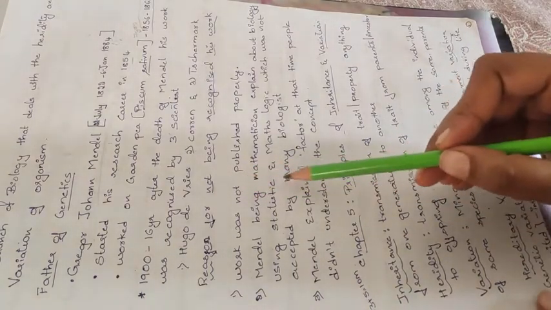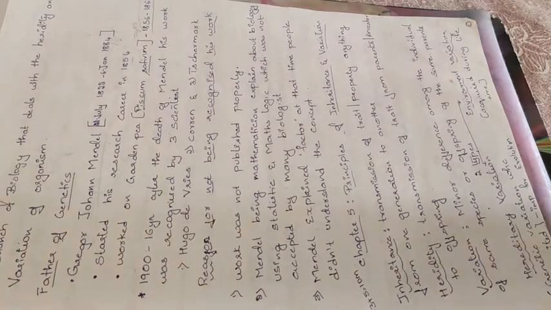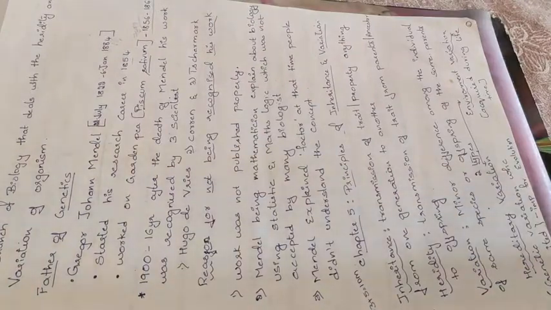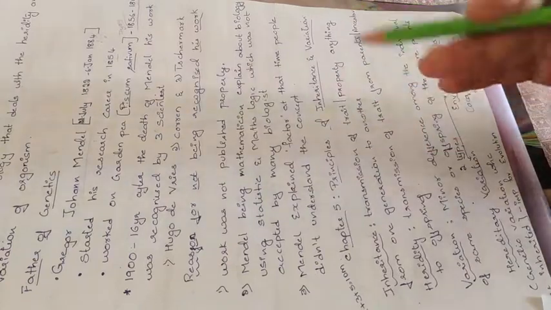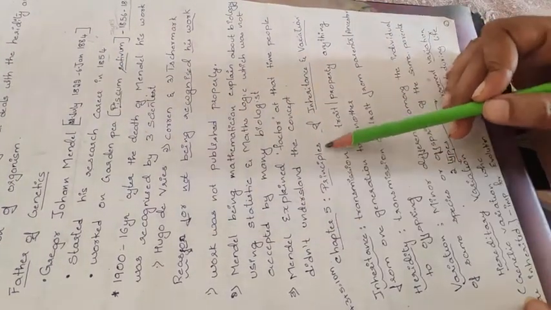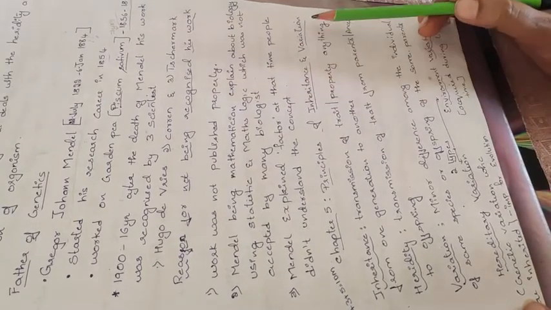So these were all some of the reason why the Mendelian work was not being recognized. Only after death, when these three scientists explained the concept properly, they got to know what Mendel has done, and now we call these factors as gene. We'll see that later. So now let's begin with the chapter, that is chapter 5, Principle of Inheritance and Variation.